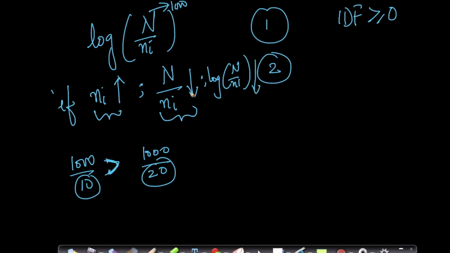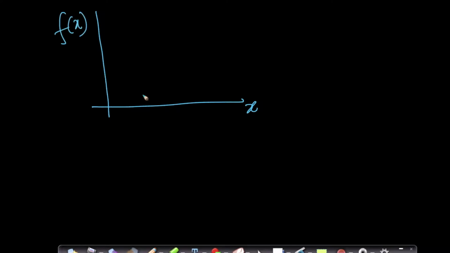Because how does log look? Log is called a monotonic function. Those of you who have forgotten what a monotonic function is, let me explain. Let's assume this is x and this is f of x. As x increases, if f of x also increases, right?